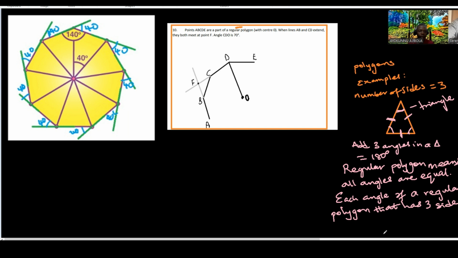So what will be the value of each angle in a triangle given that all of the angles are equal? You know, the total should be 180, right? So if three of the angles are 180, what is the value of one angle?